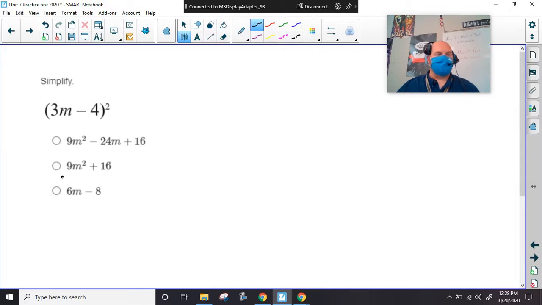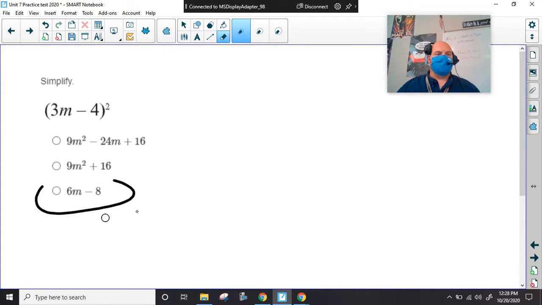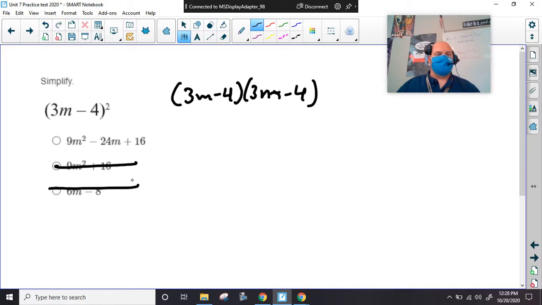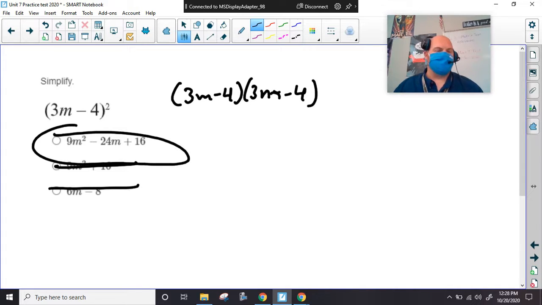All right, so this one, this is the answer, right? The 6m minus 8? No. Because remember, this would actually be 3m minus 4 quantity times 3m minus 4 quantity. That one right there.